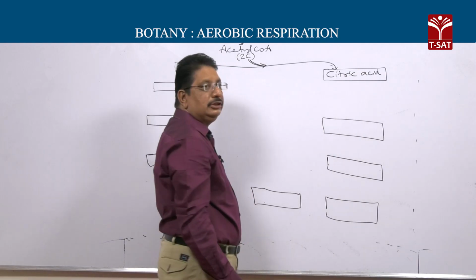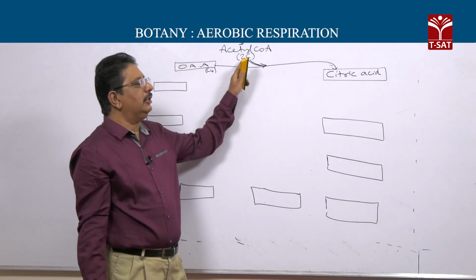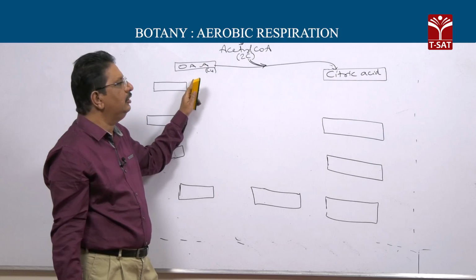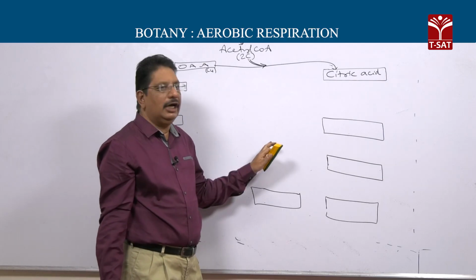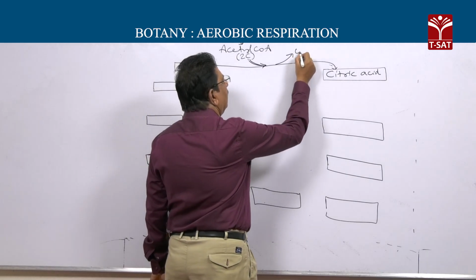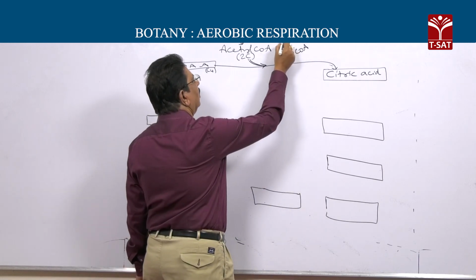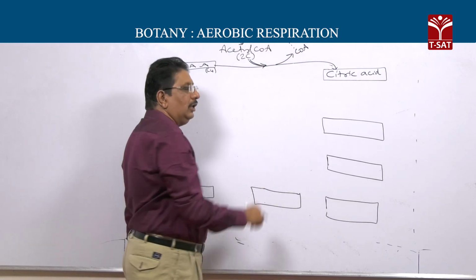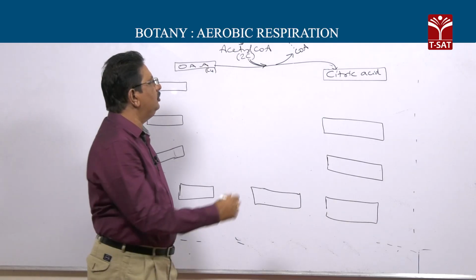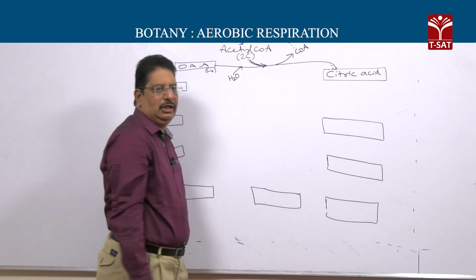So the first step in the aerobic Krebs cycle is a condensation of acetyl coenzyme A with oxaloacetic acid to form citric acid. During this process, the coenzyme A is liberated, of course, which is available for the next conversion of one more pyruvic acid, and one molecule of water is also utilized.